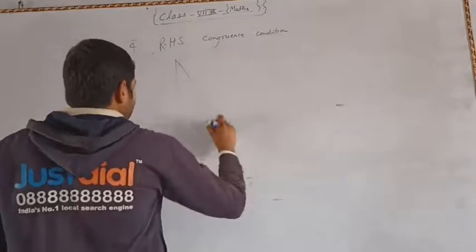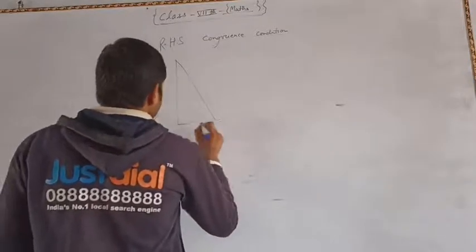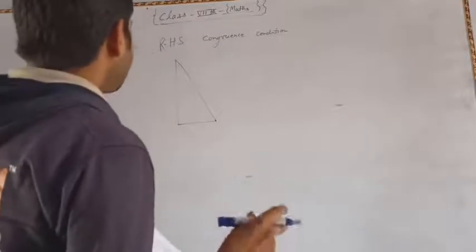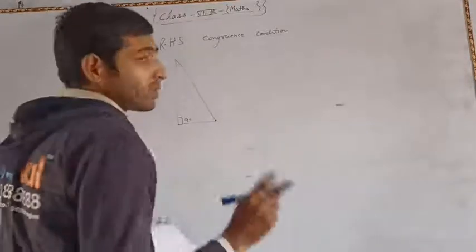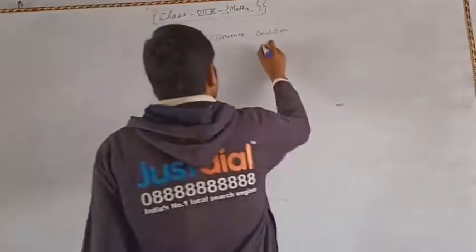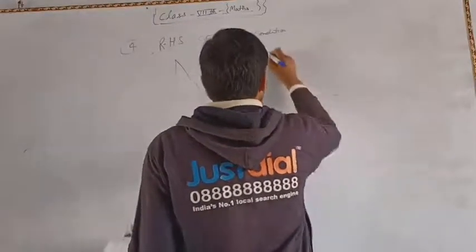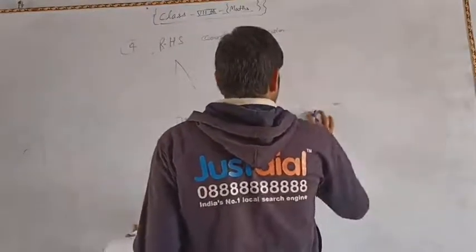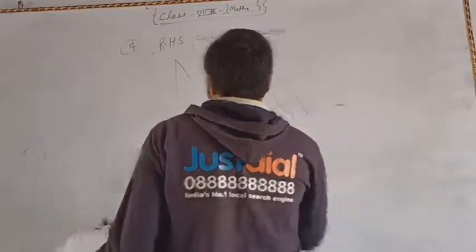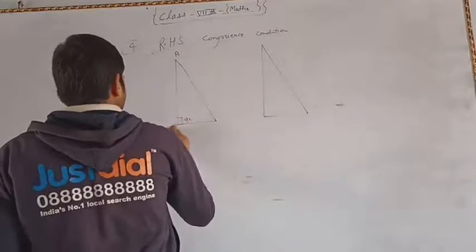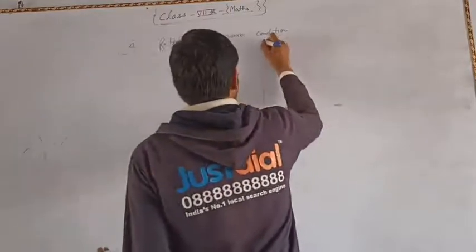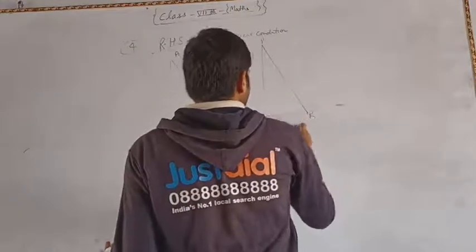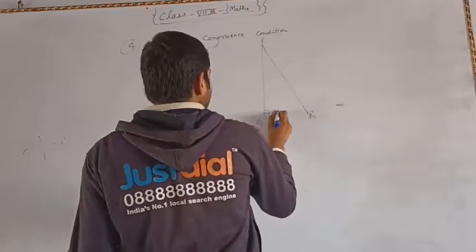if you have two triangles in which one angle is 90 degree, that means two right angle triangles. Okay, and here also you have been given a right angle triangle named ABC, and also a triangle PQR, and here also Q is equal to 90 degree.